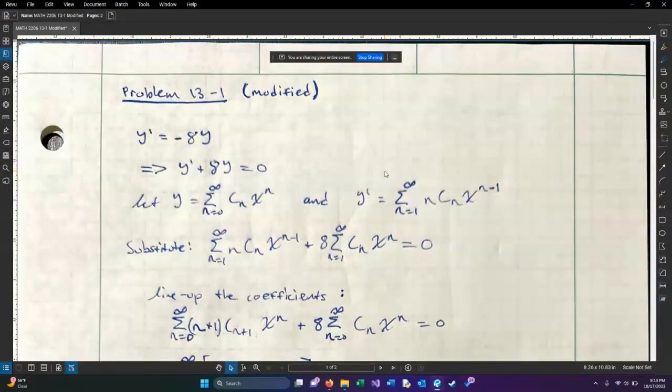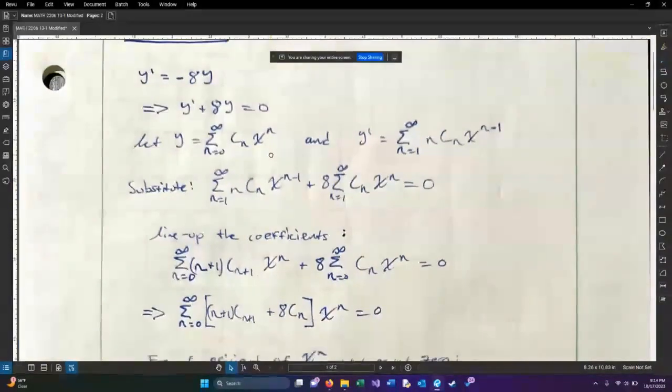Yes, now. Okay. Yes, I did another modified version of question 1 from problem set 13, but I changed the number to -8. So I have y prime is equal to -8y, which you can then rearrange to y prime plus 8y is equal to 0.